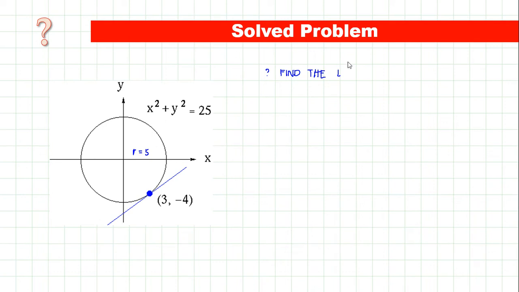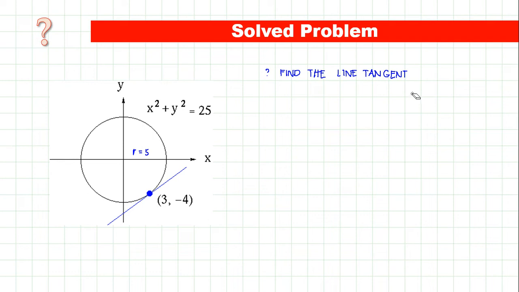We are to find the line tangent to this implicit function. So this is our implicit function, guys: x squared plus y squared is equal to 25.